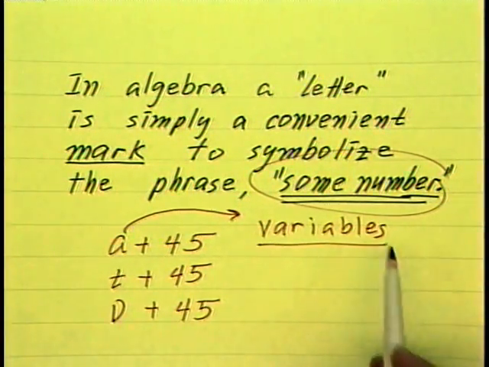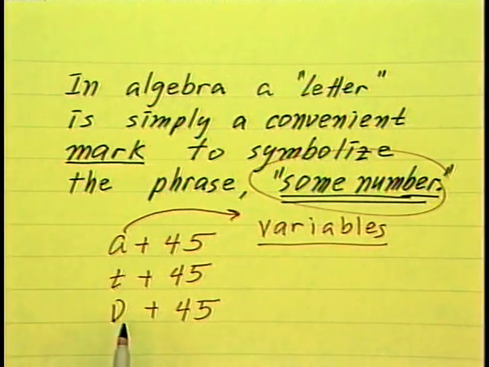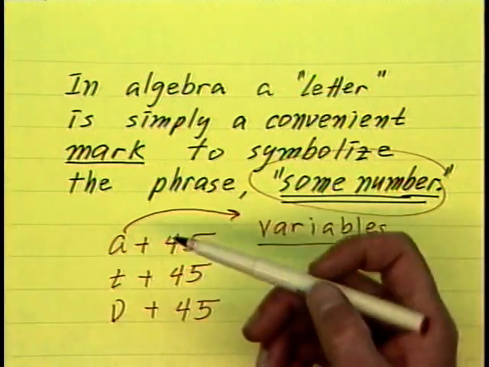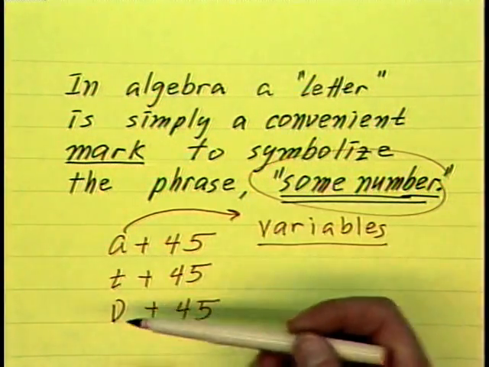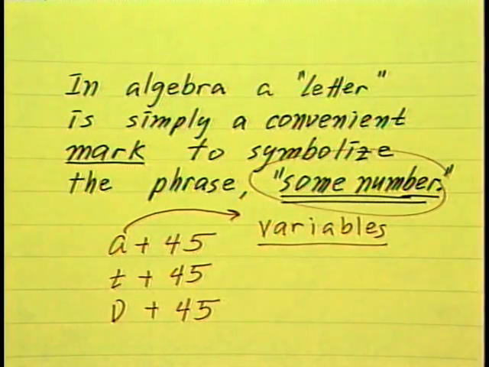And obviously, the reason we call them variables is they can be anything you want them to be, or anything something measures to be. So it varies from application to application.